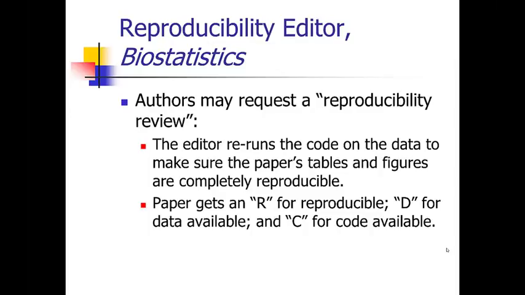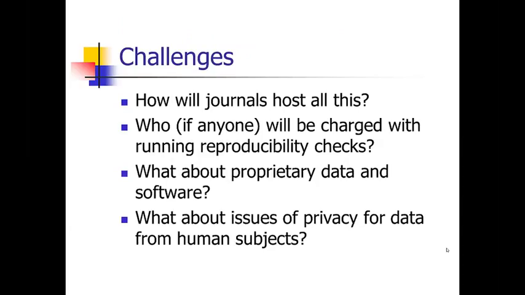If he can, the paper gets a little flag with an R on it. It also gets a D because the data are available, and a C because the code is available. So journals are trying to make some attempts to implement this. It's hard, though. There are a lot of challenges in implementing this kind of system. But that's where hopefully things are moving, and that's where a lot of journals hope to go.